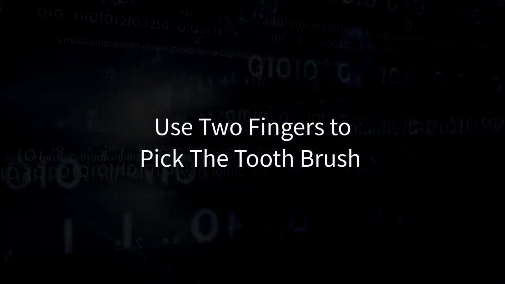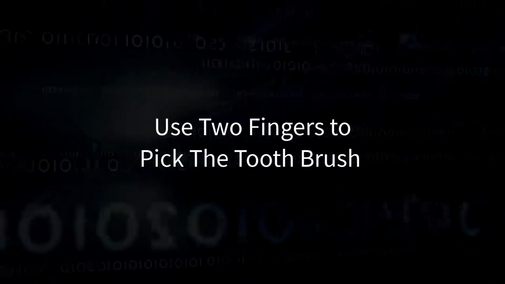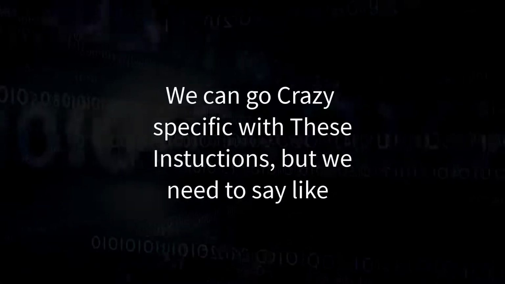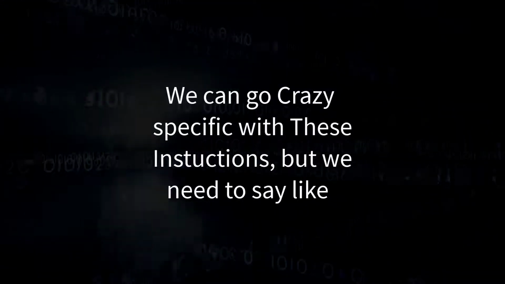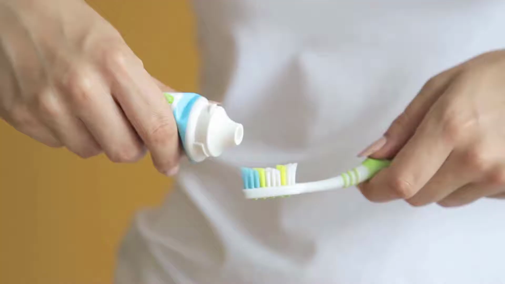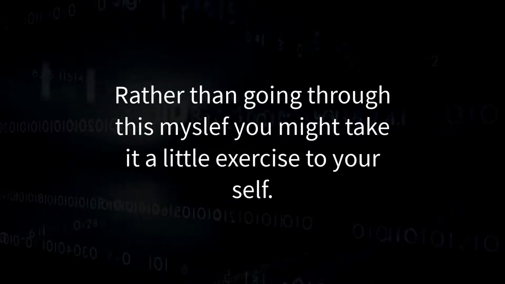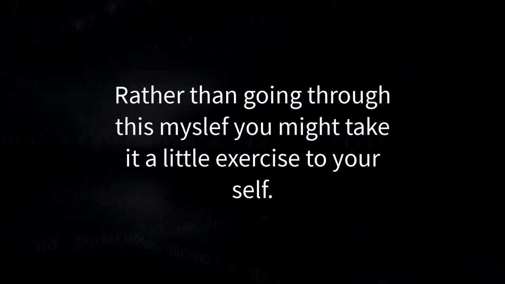I don't know how absurd we need to get. Also we can say use two fingers to pick up the toothbrush. We can go crazy specific with these instructions, like squeeze the toothpaste onto the brush. There is just a sequence of steps here.